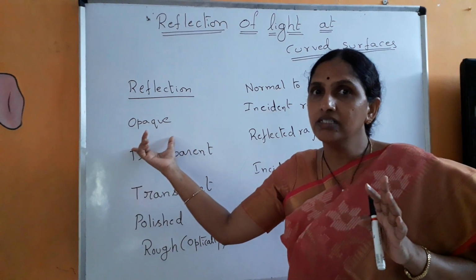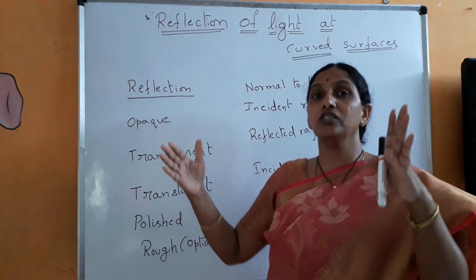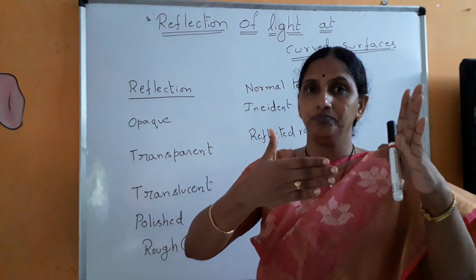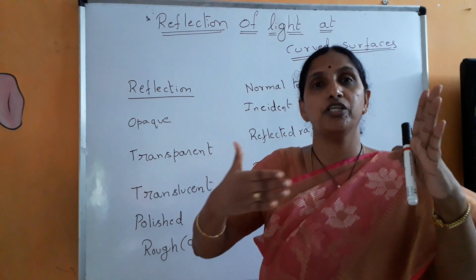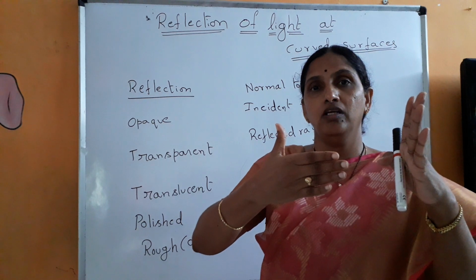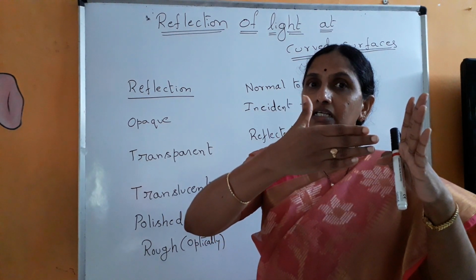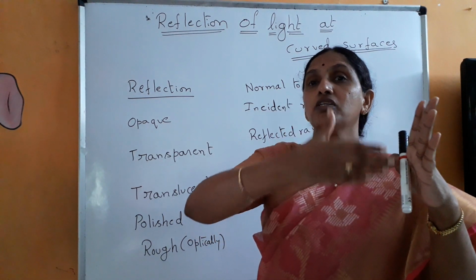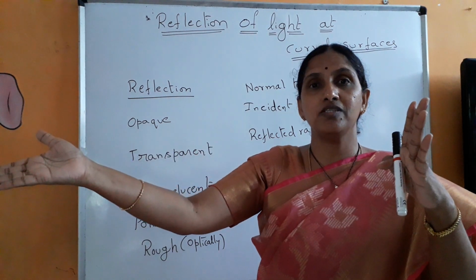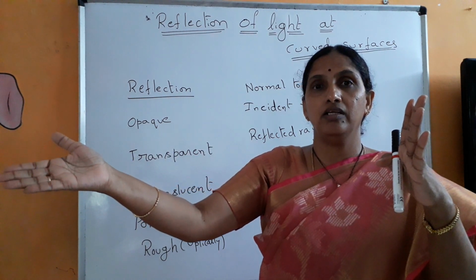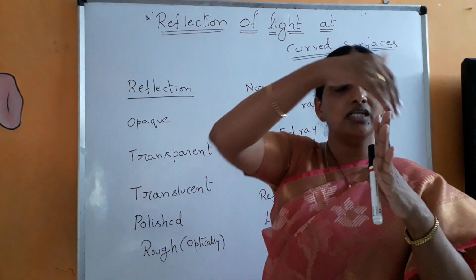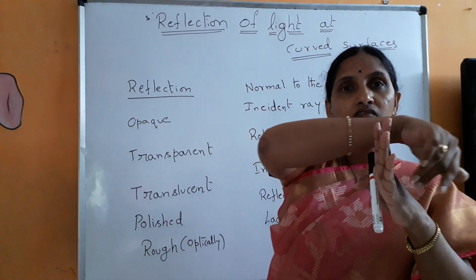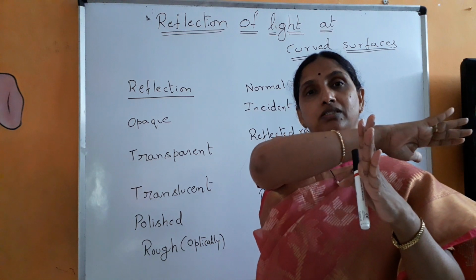What happens here? See, if you are focusing the light on a mirror, a silvered mirror or a polished mirror, what happens? You can see the reflection of the light on the same side. Whereas light cannot penetrate through the mirror and you can't see the light coming out from the other side of the mirror.